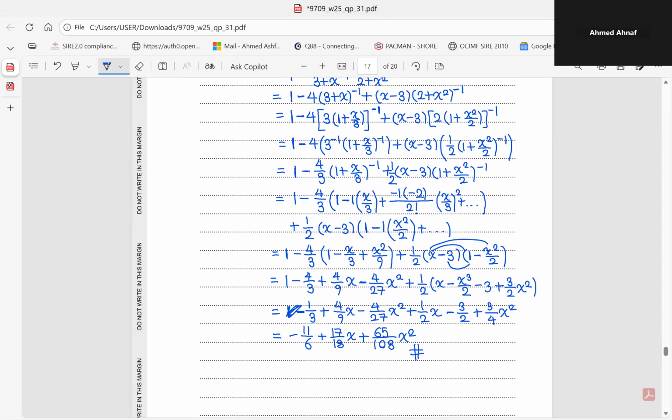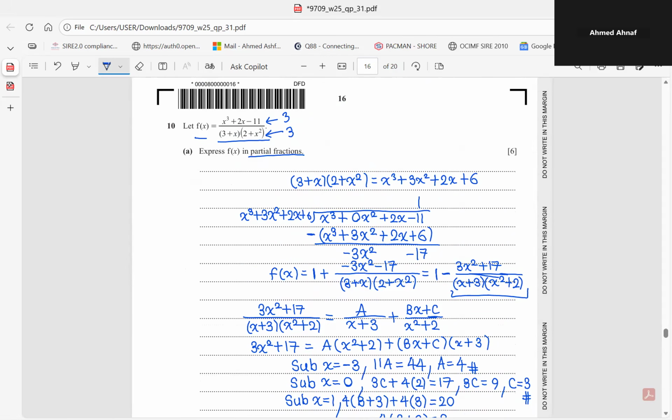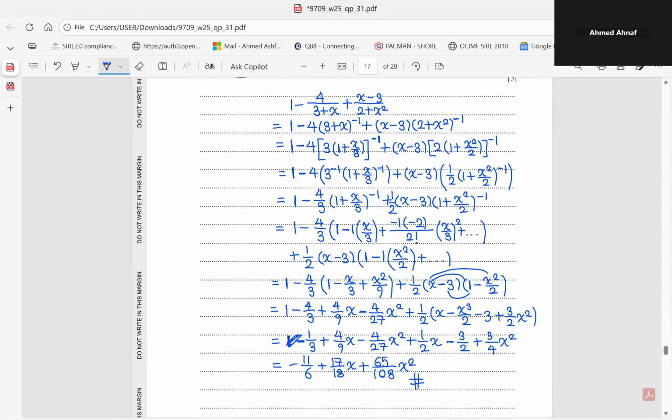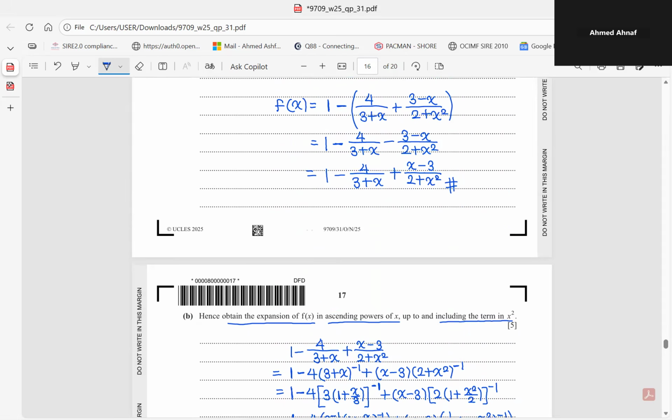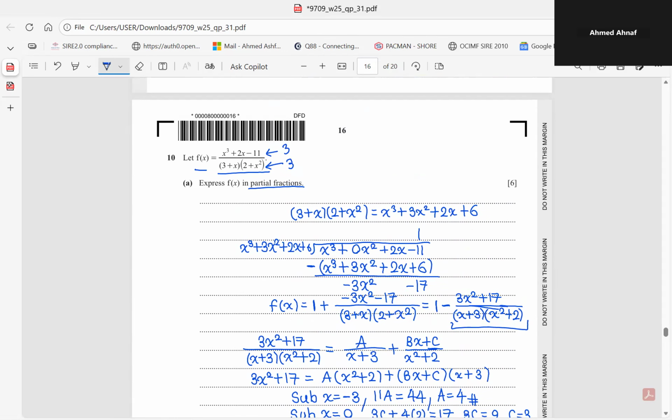If you want to be sure whether your expansion is correct, you can substitute a value of x into the original expression and substitute the same value of x into here. If you get the same answer, then you know your partial fraction decomposition is correct.